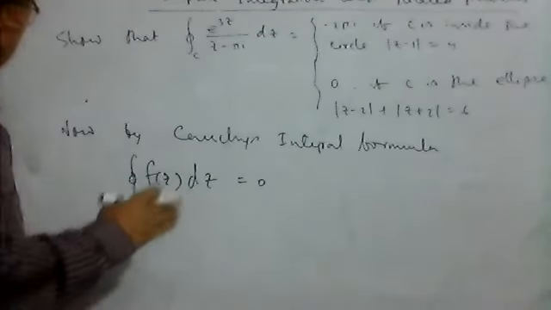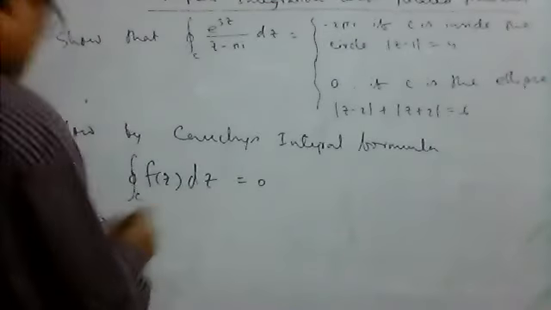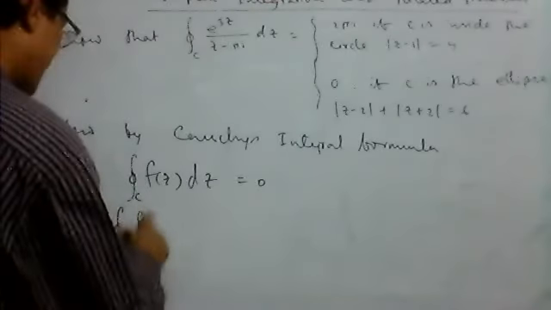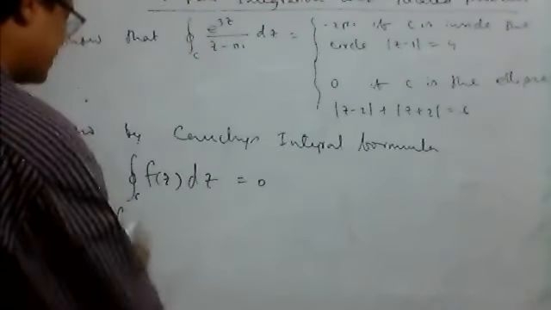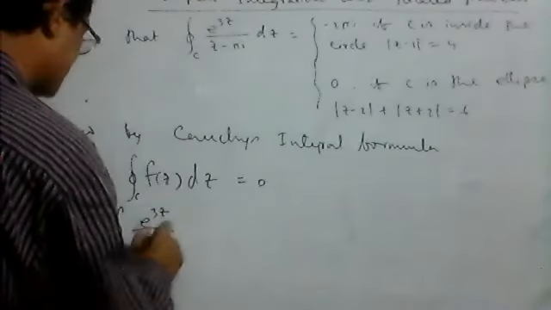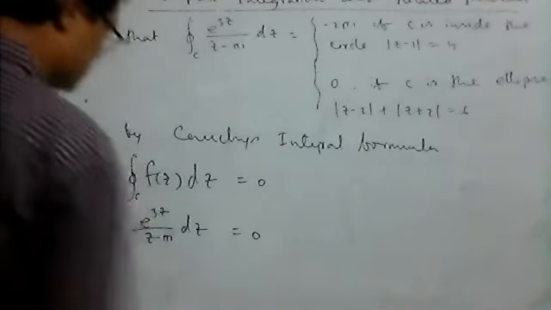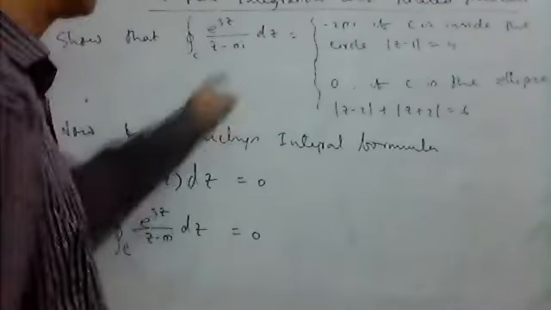We have learned this from Cauchy's integral formula. So we can write integral along C f(z), here f(z) is e to the power 3z divided by z minus pi I, dz is equal to 0, which is shown here.